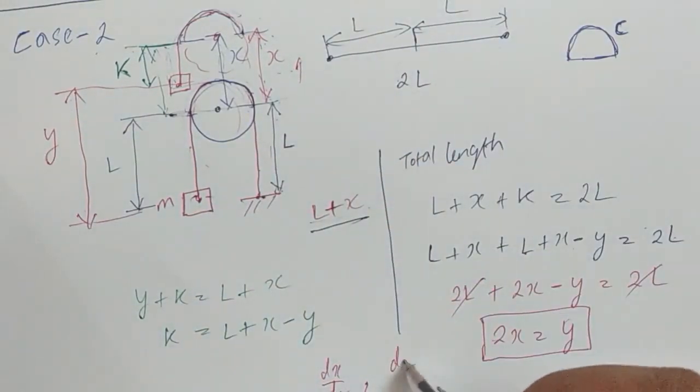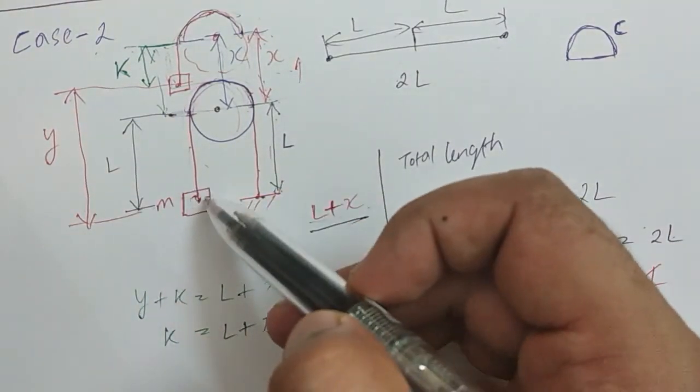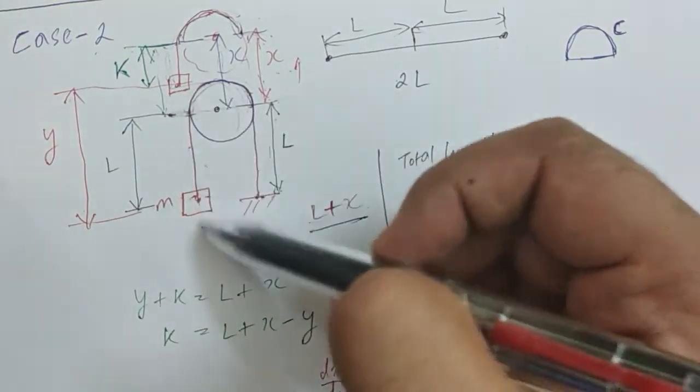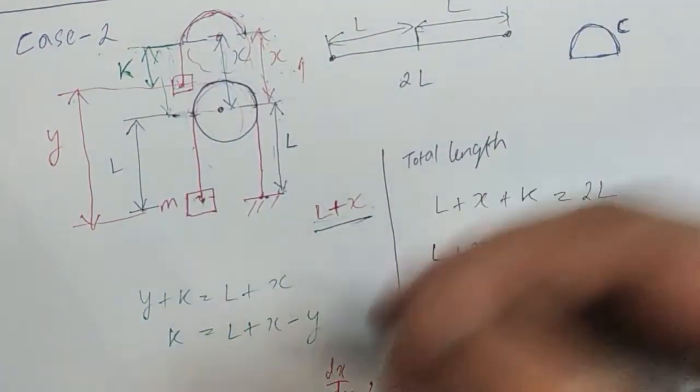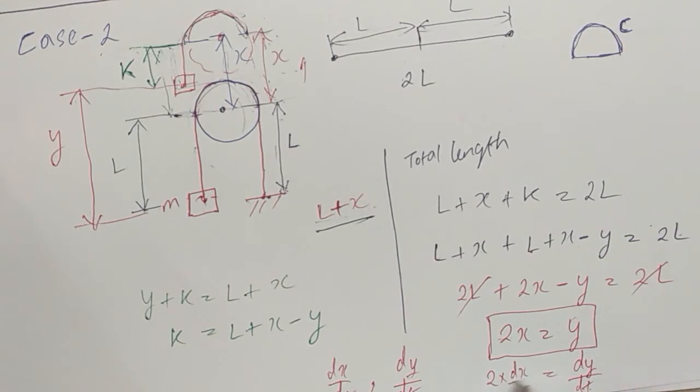So dy by dt is the velocity of this block, because the block has risen by a height of y in 1 second. If you differentiate on both sides of this equation, then you can see dy by dt is equal to twice into dx by dt.